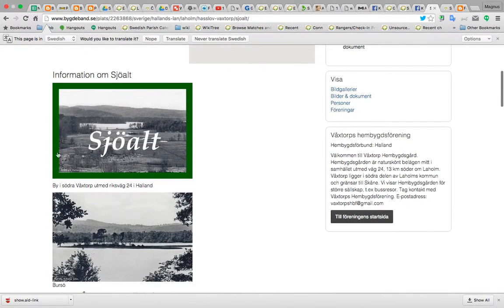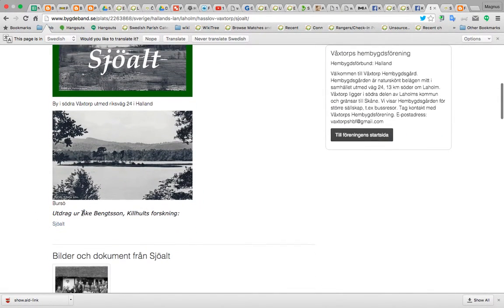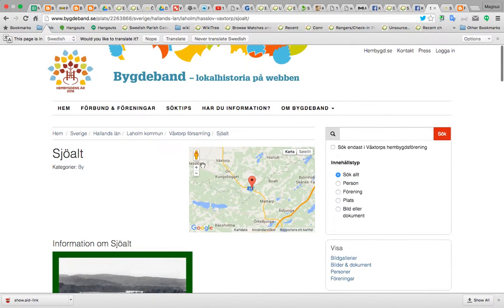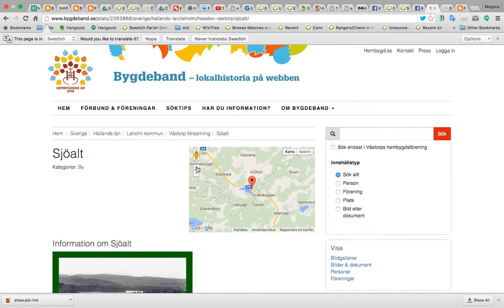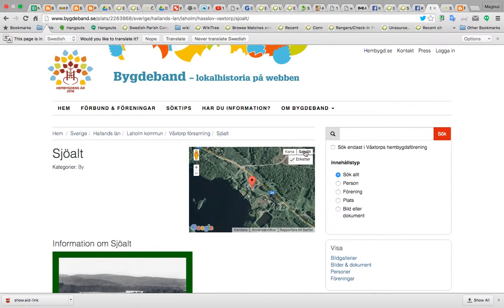And they have then added a picture, and that is from Åke Bengts, and then a reference to a book, which we can click there, and they also have this map. And this is Google Earth. You can zoom in, and you can also move over to satellite.